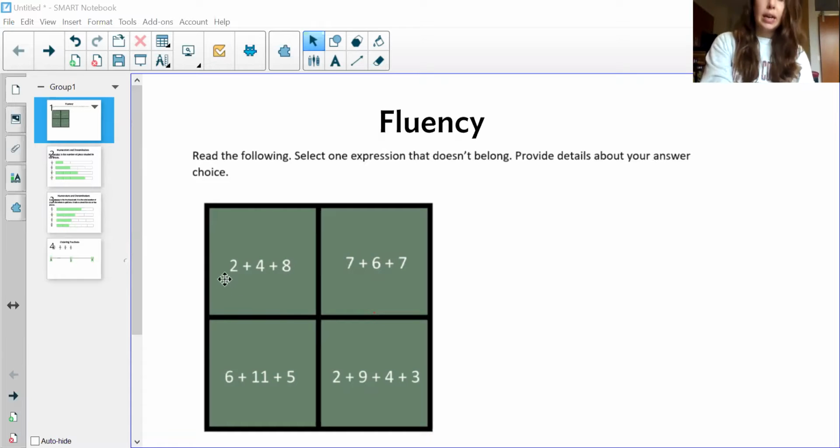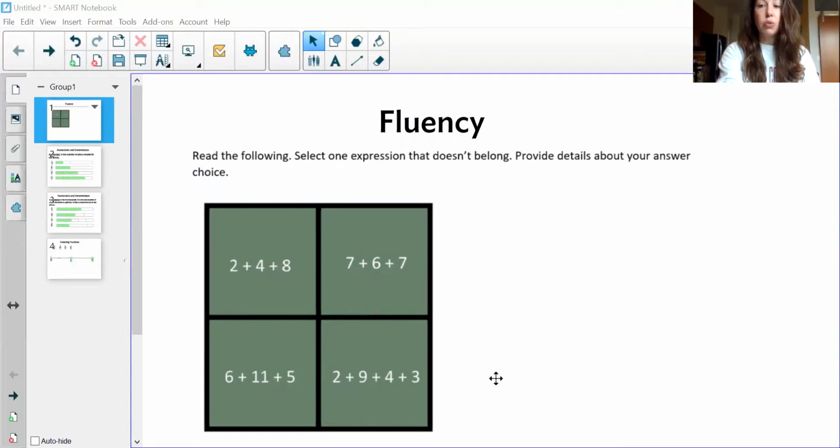So you're going to look at each one of these options in the 4 squares and decide which one doesn't belong. Now, there's no real right or wrong answer to this problem as long as you can come up with a reason that works. So, for example, I could say this last one down here, it doesn't belong because they're adding 4 numbers and all the other ones are adding 3.